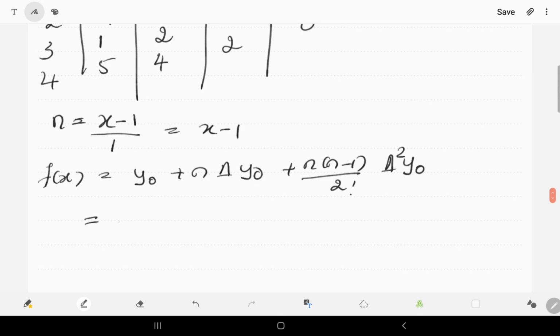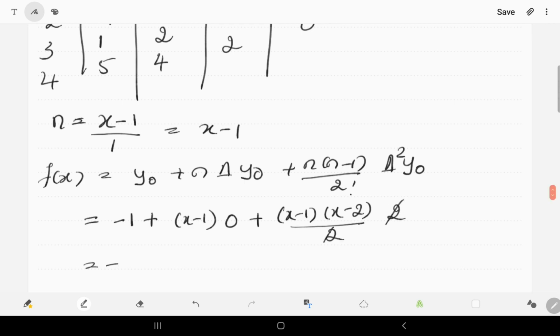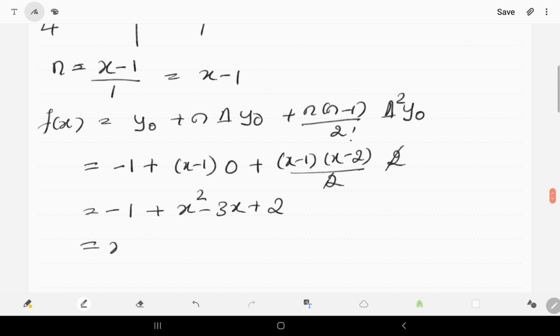Y naught is equal to minus 1, plus n value is x minus 1 into delta y naught, plus x minus 1 into n minus 1, that is x minus 2, divided by 2, delta square y naught is 2. 2 cancels. Multiplication of these two gives x square minus 3x plus 2. F of x is equal to x square minus 3x plus 1 is the polynomial.